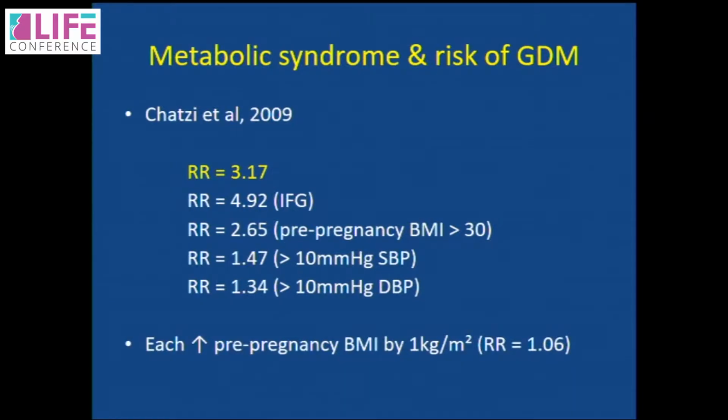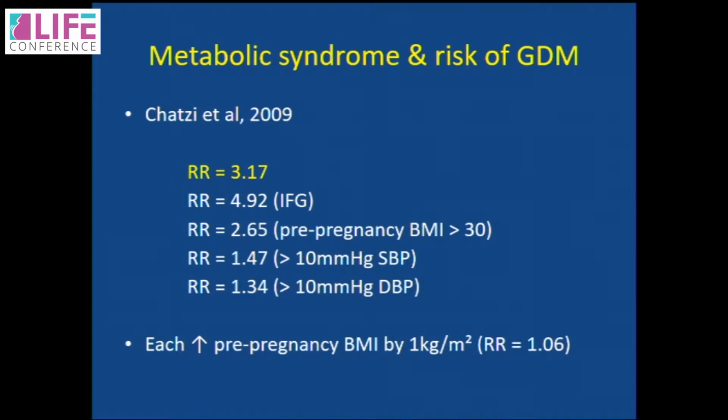This particular paper shows that the relative risk of gestational diabetes in pregnant women with metabolic syndrome is 3.17. There was also a very strong association with impaired fasting glucose. If they had a pre-pregnancy impaired fasting glucose, the relative risk of getting GDM was almost 5.0, which is hardly surprising.